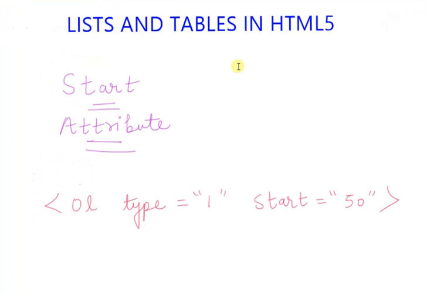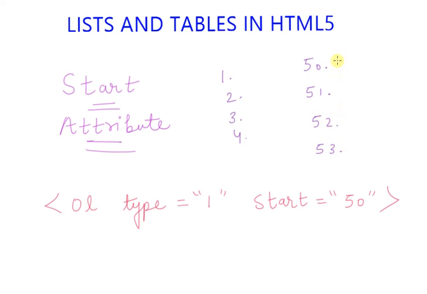Now one more attribute is the start attribute. We have to use the start attribute in the list. Suppose we want that the list should not start with 1 2 3 4, but start from 50, then 51, 52 and 53.